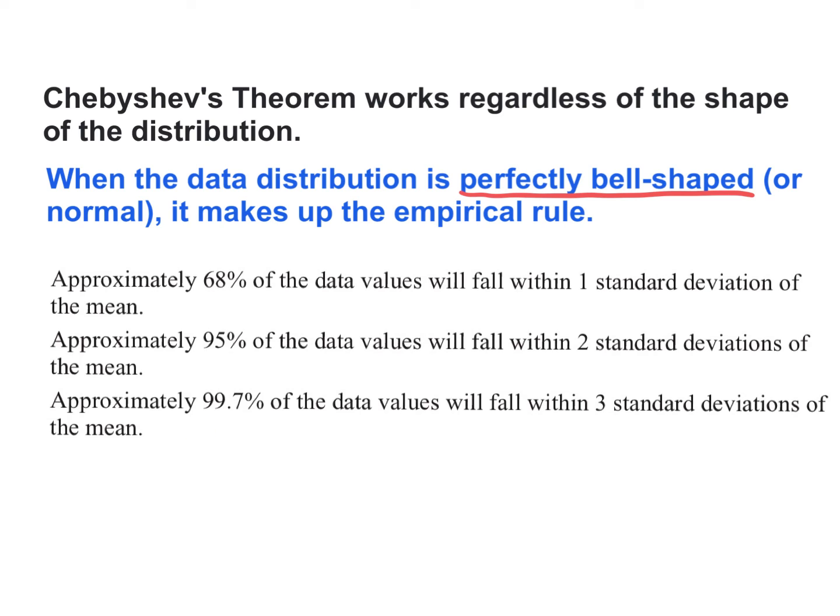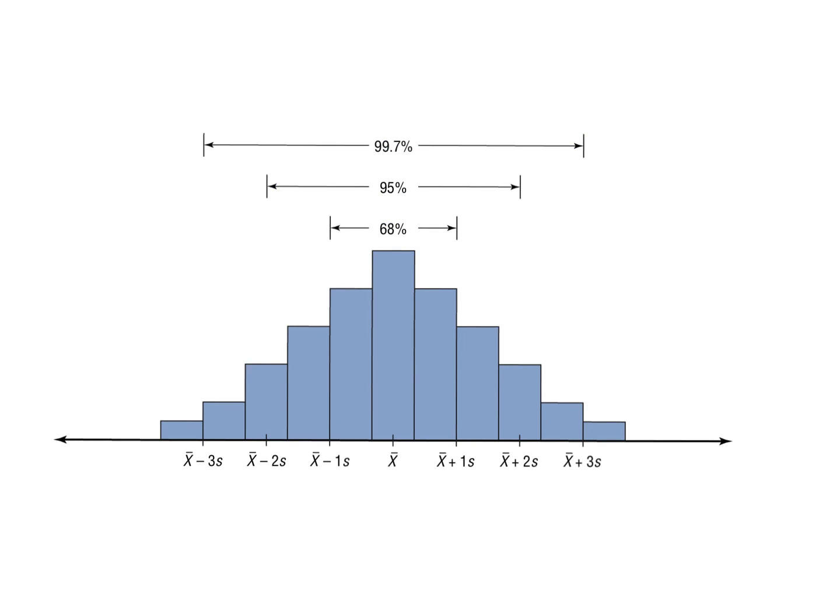Now, the last 2 things in your notes are pictures of what bell-shaped curves might look like. Here's one example. We've talked about bell-shaped curves before because it's shaped like a bell. So we've got 68%, 1 standard deviation, 95%, 2 standard deviations, 99.7%, 3 standard deviations.